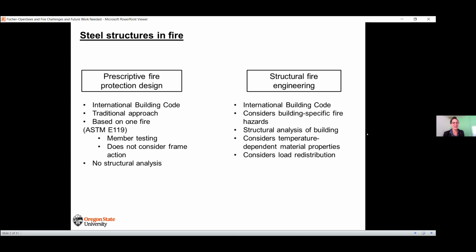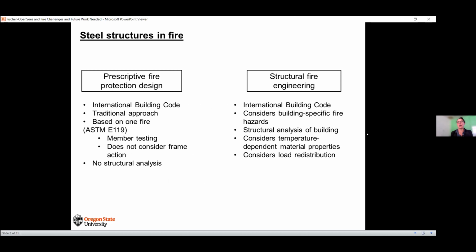Just to remind you all, there's prescriptive fire protection design and then there's structural fire engineering. Those 1 hour, 2 hour ratings that you're getting out of the International Building Code, that's the prescriptive fire protection design. It's based on a singular fire, usually individual member testing, but it doesn't really consider frame action or use any of our skills as structural engineers.